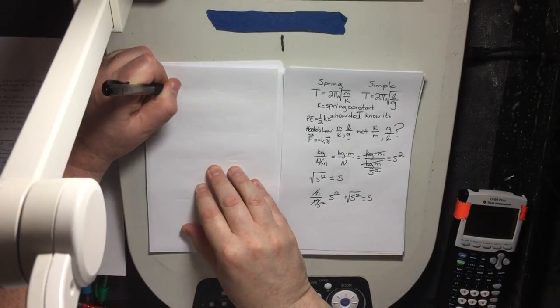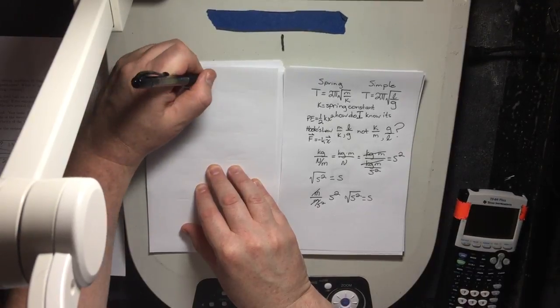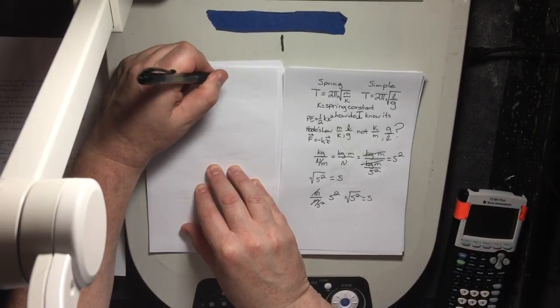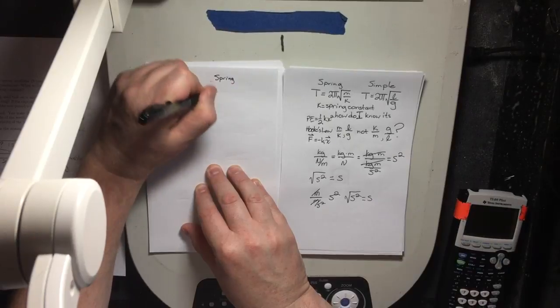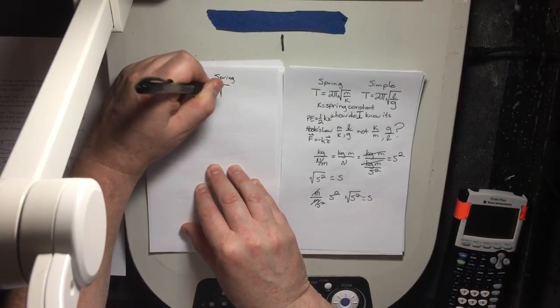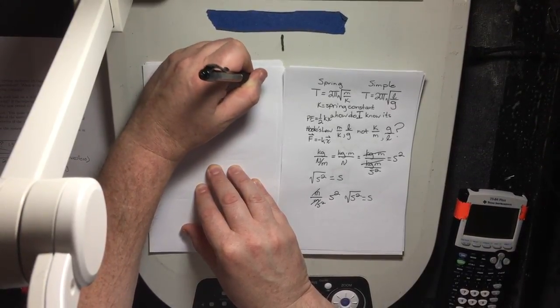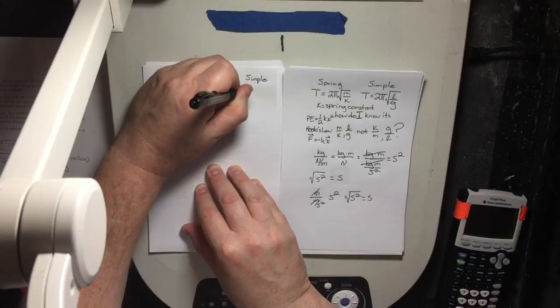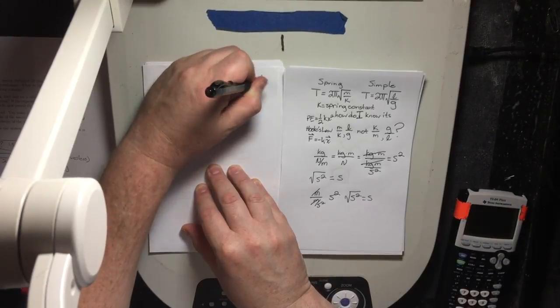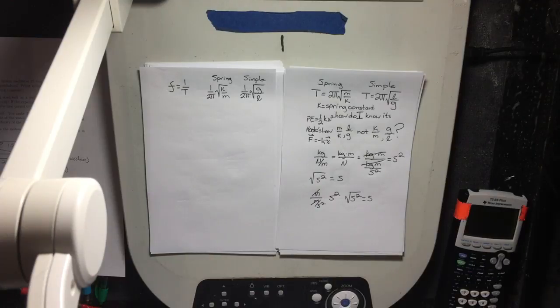And if you were dealing with frequency, which is 1 over period, for the spring, it's 1 over 2 pi square root k over m. And for the simple, it's 1 over 2 pi square root g over L.